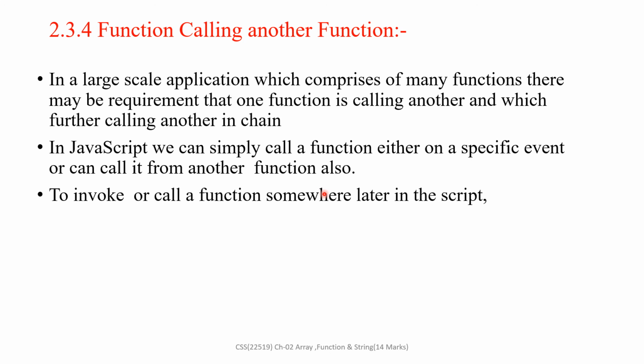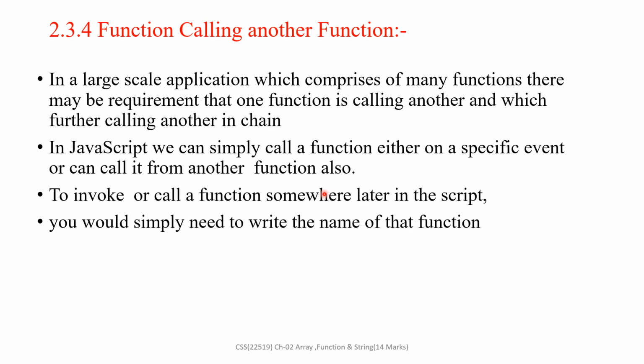To invoke or call a function somewhere later in the script, you simply need to write the name of that function as shown in the code. Means the concept is the same: a function calling another function. In the main function we have to call another function which is already defined globally. Okay.